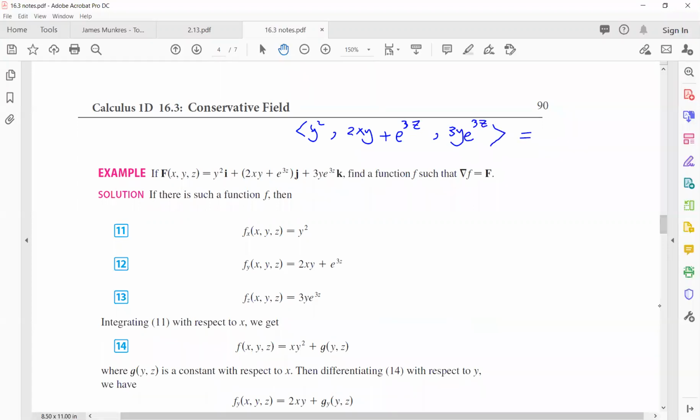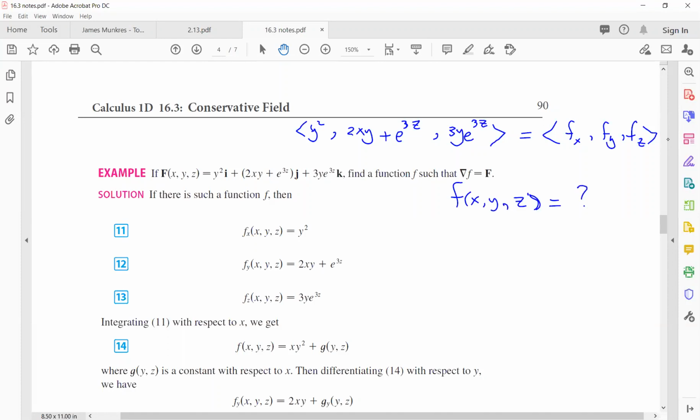which is equal to the partial derivative of f with respect to x, the partial derivative of f with respect to y, and the partial derivative of f with respect to z. We're going to use each of these components, take the integral, take the derivative, and find our potential function. Your goal is to find this function, f of x, y, and z.